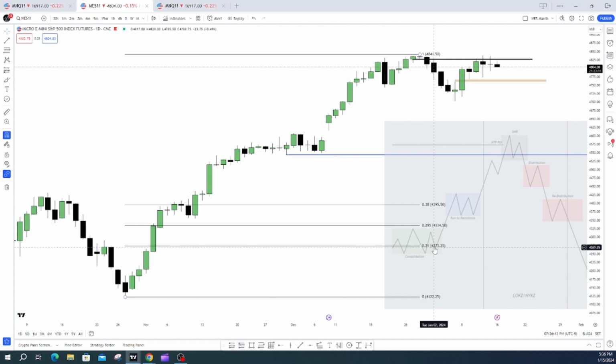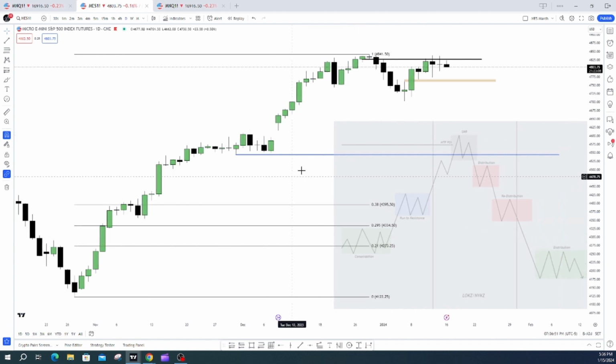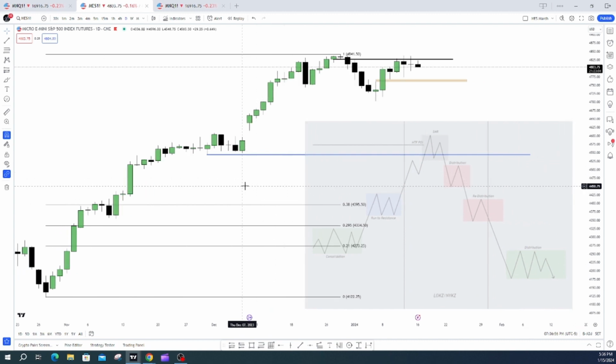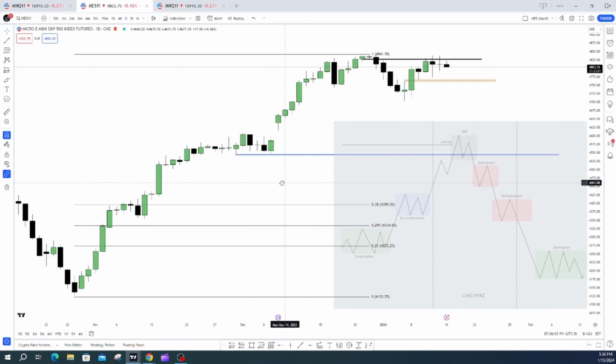This is 4273.25, off by 25 cents. Now, if you're going to squabble over 25 cents in a difference of precision, trading may not be what you're looking for. These markets are very precise.